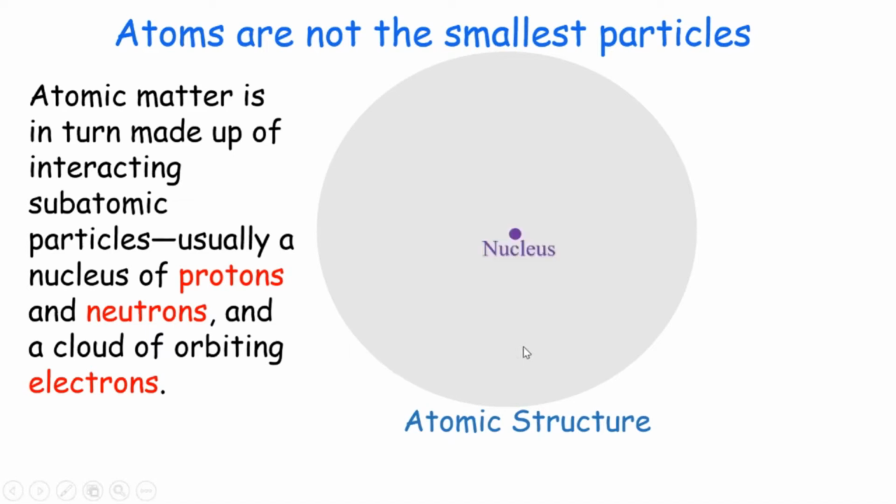Right in the center, there's a so-called nucleus that contains both protons and neutrons. And then there are electrons surrounding the nucleus. Electrons are found in this vast empty space, so we call this the electron cloud.